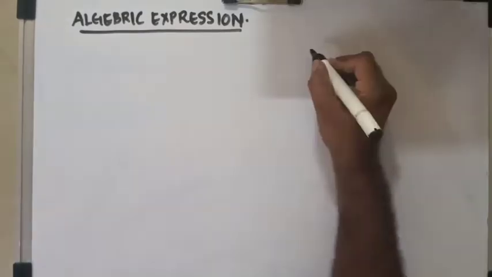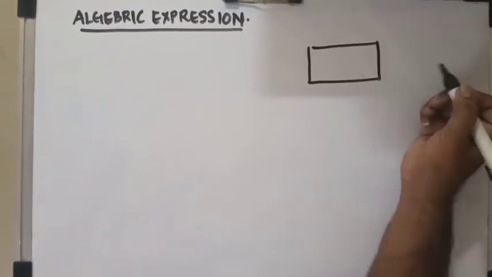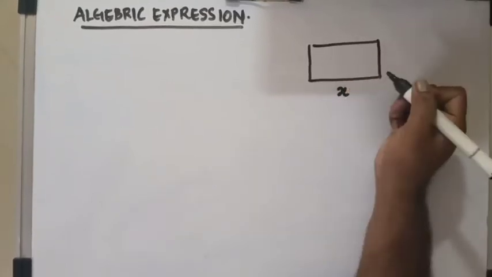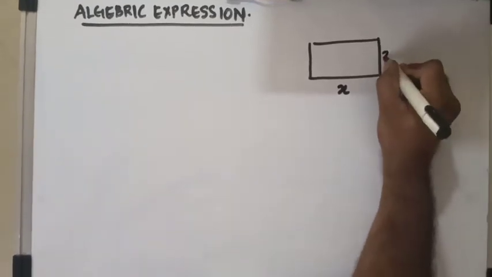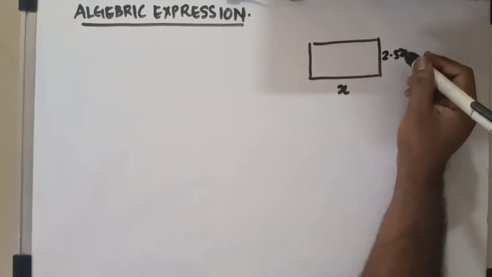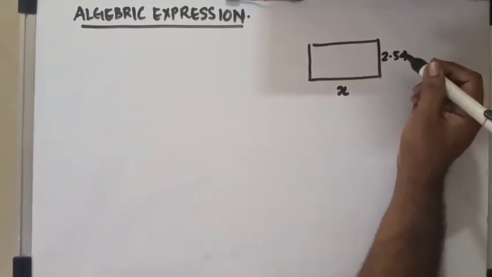We'll be seeing some examples, okay? Some statements which can be converted into algebraic expression. Say I tell you, consider a rectangle. Say if the length of the rectangle is x, and say if the breadth of the rectangle is say 2.54. Okay, so if I need to calculate the area, so what will be the area of the desk?